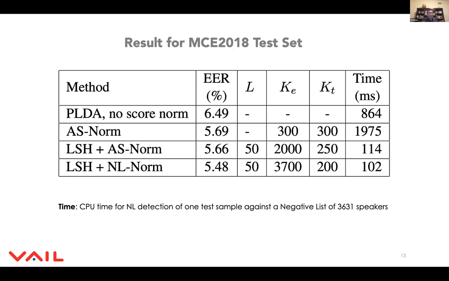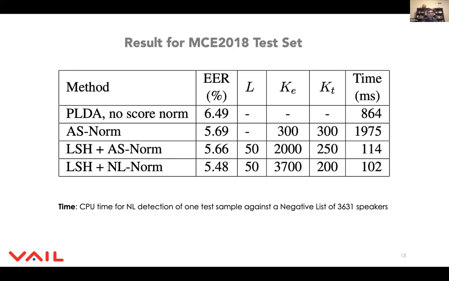When adding score normalization, in this case AS norm, the EER is reduced to 5.69%, but the processing time more than doubled to 1,975 milliseconds, close to 2 seconds. That would be a large delay for real-time detection.